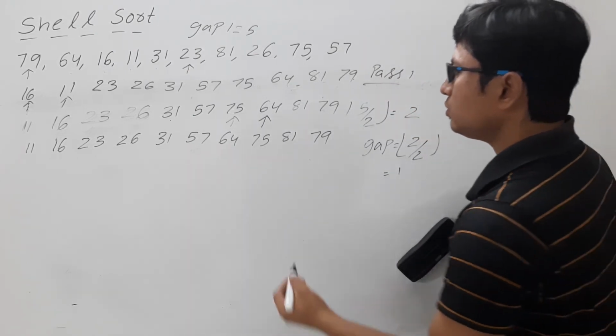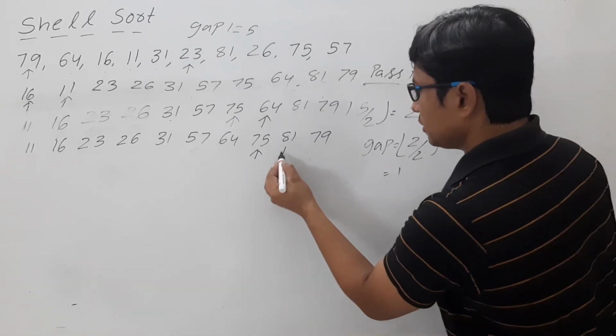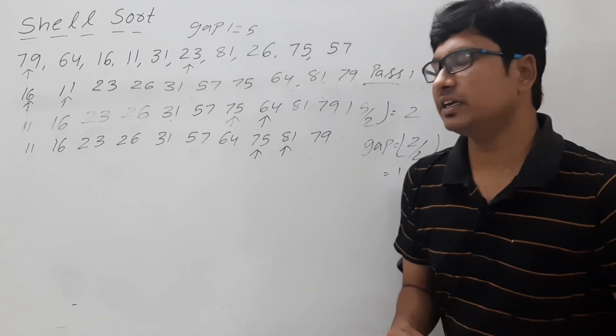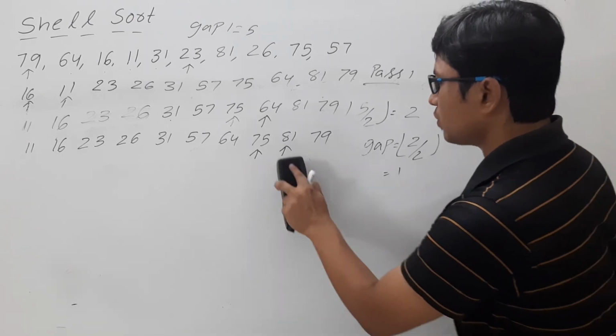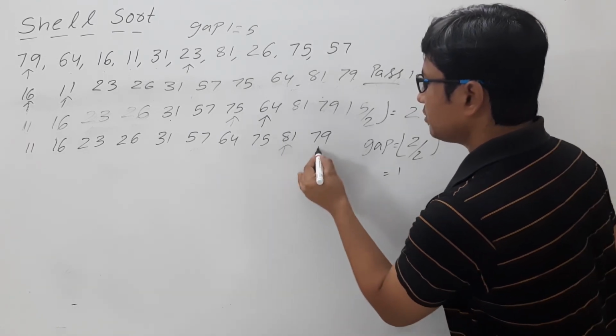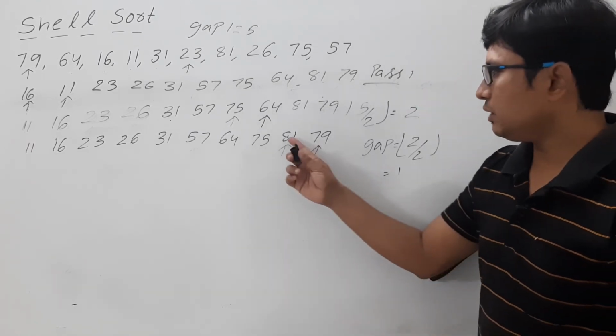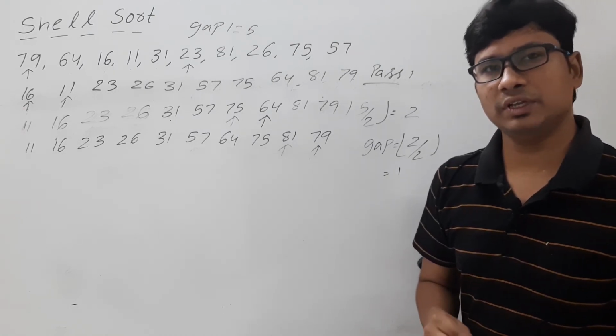Okay. Now what you need to do? You need to compare 75 with 81. 75 is less than 81, so we no need to perform any swapping. Now what I will do? 81 I will compare with 79. Now 81 is greater than 79, so obviously I need to perform the swapping.